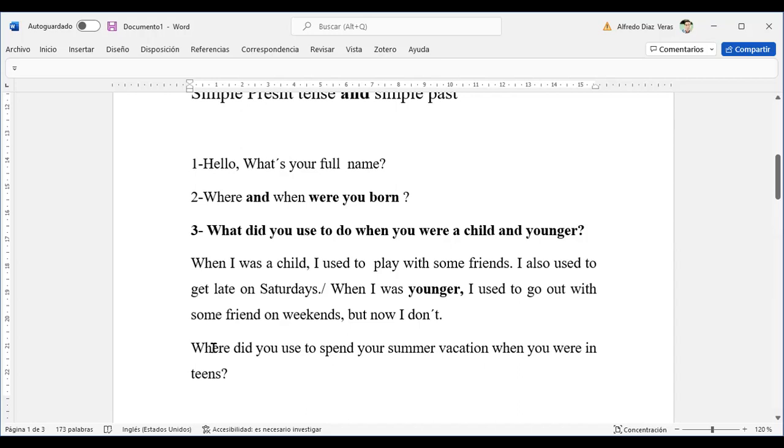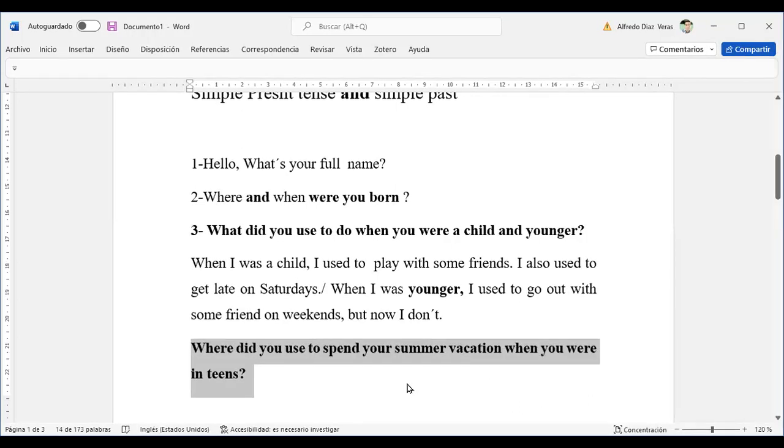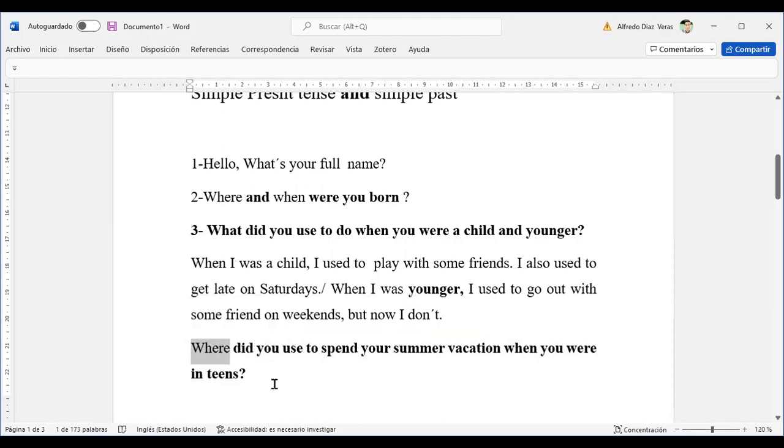Look at another question. Where did you used to spend your summer vacation when you were in your teens? The question here expresses a place. If you used to go to a place when you were 13, 14, 15, or 17 years old.